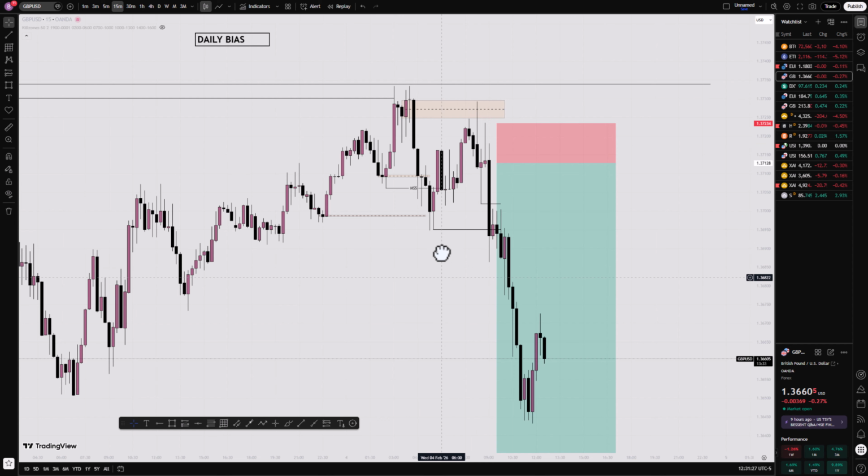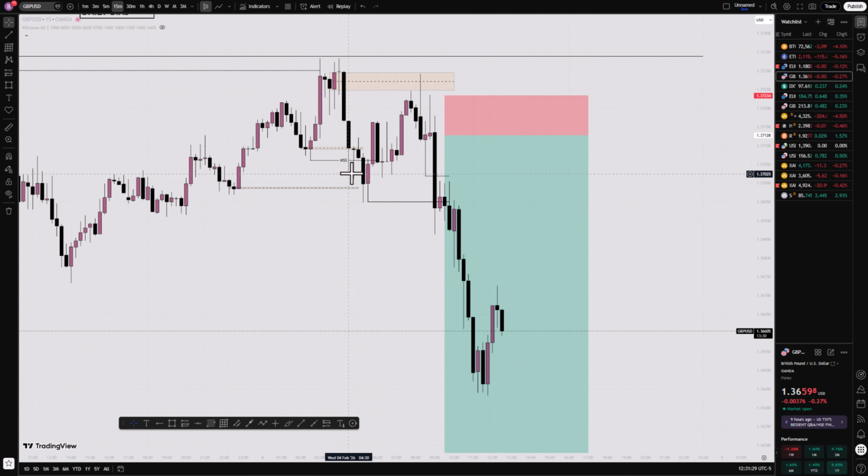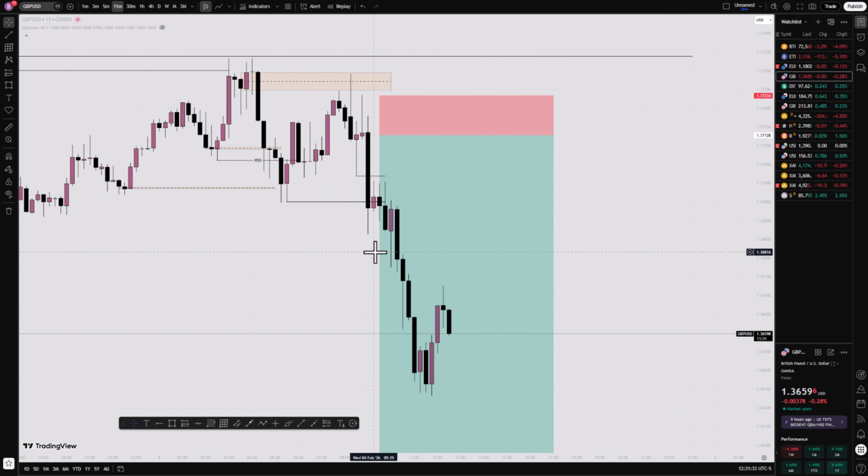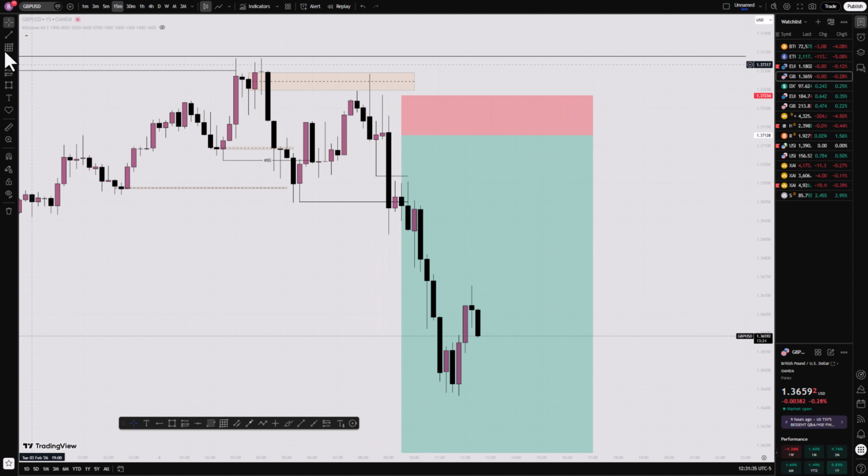But for more confirmation, what I did was, when price took out this low and closed below it, I had a double break of structure. One is this market structure shift here again, and another break of structure. And whenever you have a double break of structure, between the low of the market structure shift and the double break of structure is the area of interest where you can sell.